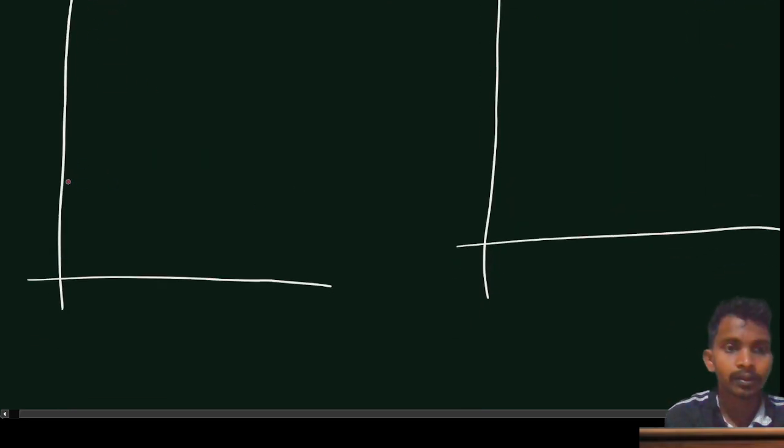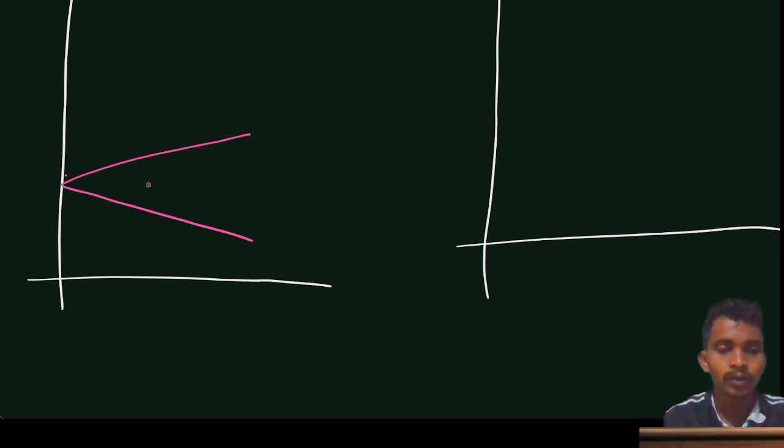So what I'll do here: if the value is positive, do this; if both are negative, then come down like this.